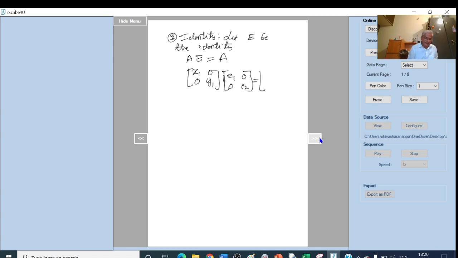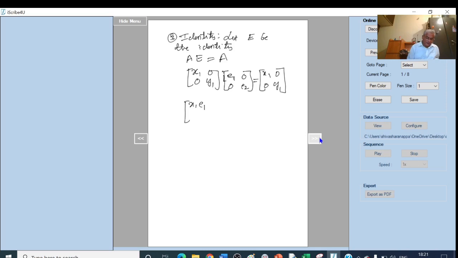This is equal to A, [x1 0; 0 y1]. Taking the multiplication: first row first column is x1 e1 plus 0.